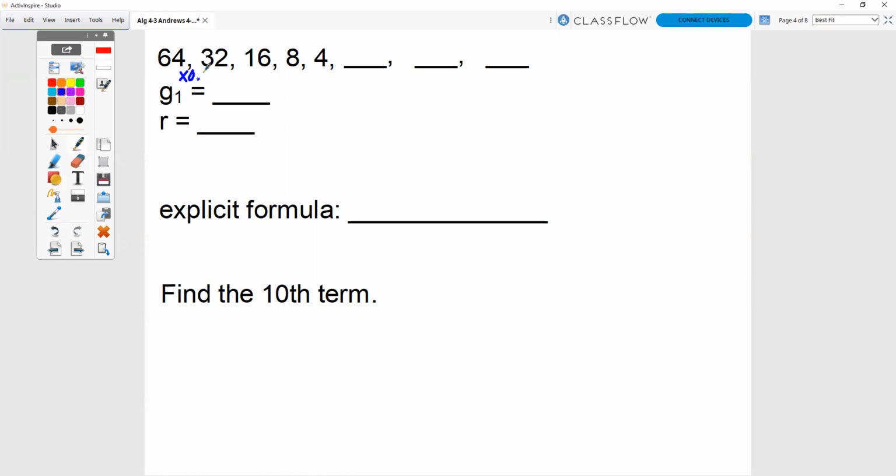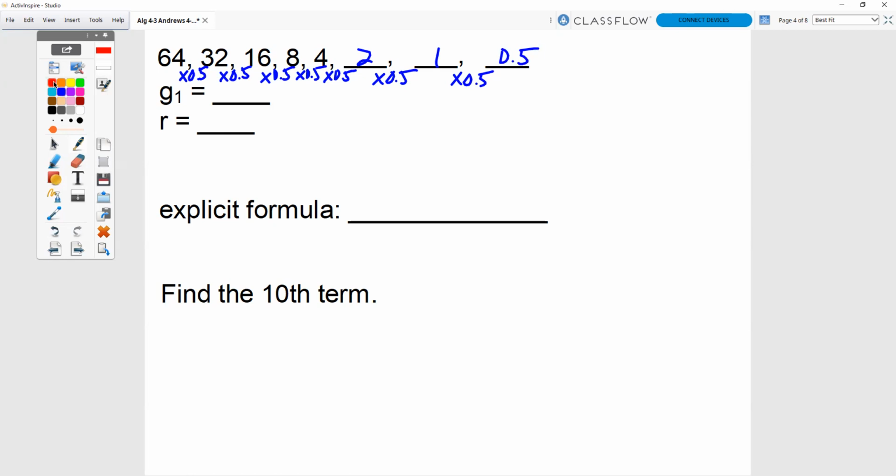So what we're actually multiplying by is 0.5 each time. So times 0.5, times 0.5, times 0.5, times 0.5. 4 times 0.5 is 2, times 0.5 is 1, times 0.5 is 0.5.